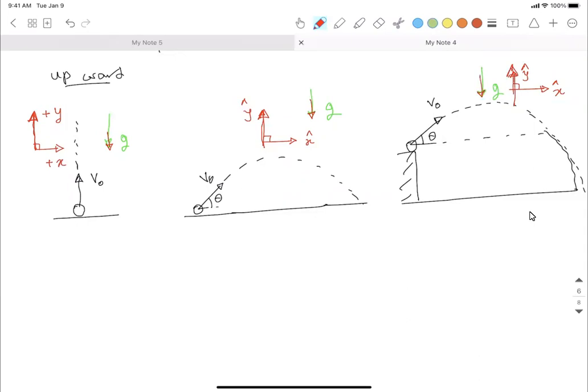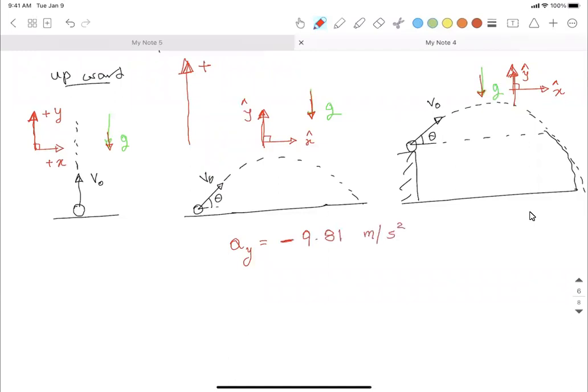I am saying all the vectors, velocities, positions, accelerations, if they are upward, they should be positive. The reason the gravitational acceleration is downward brings the acceleration along the y direction with a negative sign, minus 9.81 meters per square second.